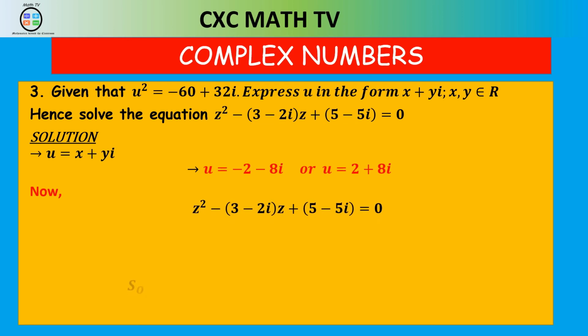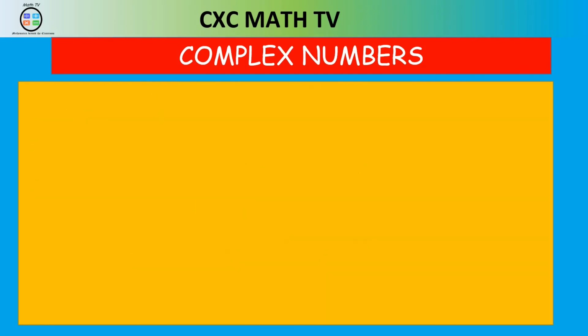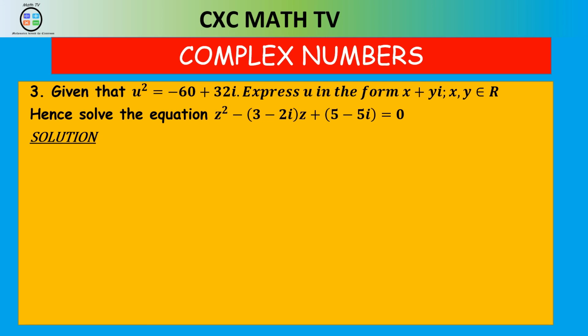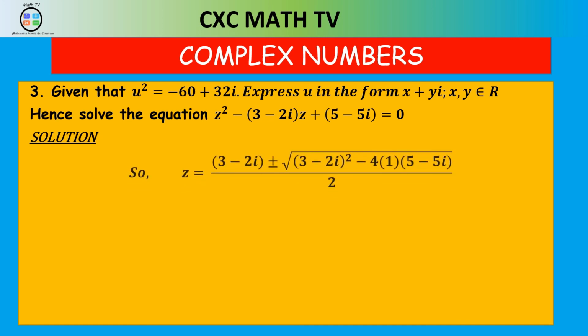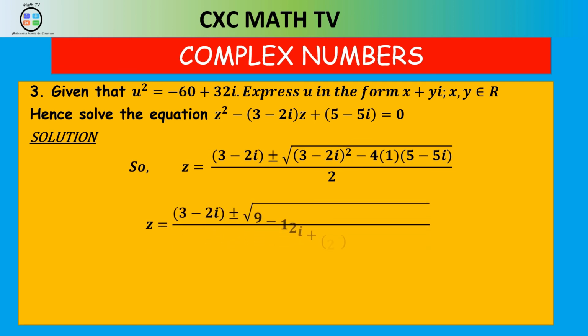So we have (3 minus 2i) all squared minus 4 times a. a is the coefficient of z squared, which is 1, times c. c is 5 minus 5i over 2. Using the quadratic formula, underneath the square root it simplifies to (9 minus 12i plus 2i squared) minus (20 minus 20i).